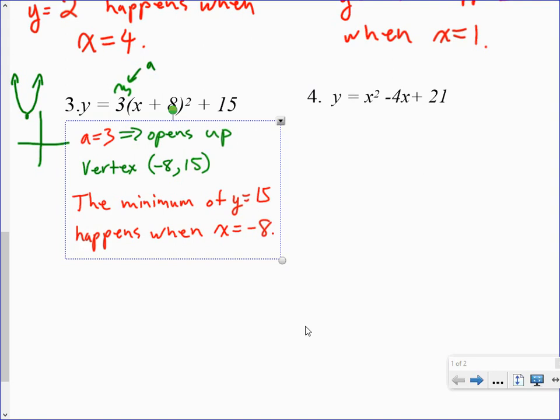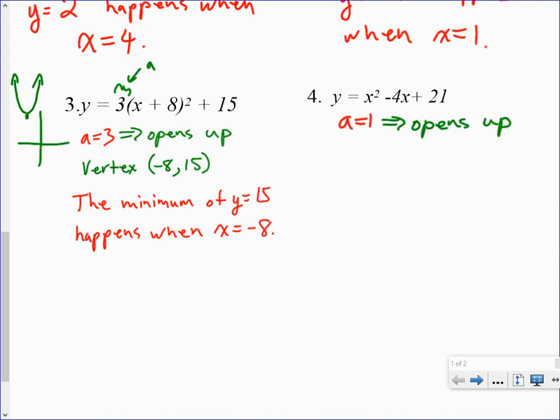We would identify the A, B, and C. So if I looked at this, I don't care about the B and C, but I do care about the A. I would tell you right off the bat that A is equal to 1 based on this standard equation. So we'd have A is equal to 1. Now, because A is positive, it's a happy thing. So that means it opens up.